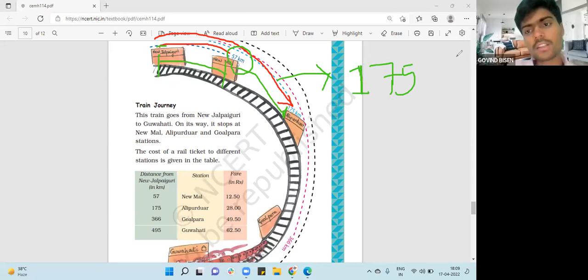We'll subtract 57 from 175. So how much is the distance? Can you find the answer?